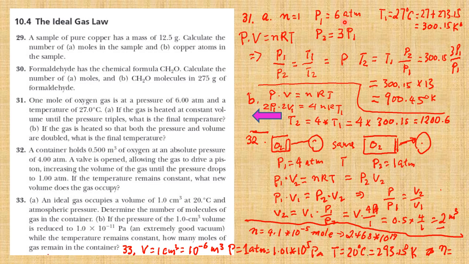We're not told what the final temperature is. Now, assuming the volume didn't change and the gas didn't leak, it's between pressure and temperature. So P1 V equals nRT1, and P2 V equals nRT2. If you divide these two equations, you get P1 over P2 equals T1 over T2.